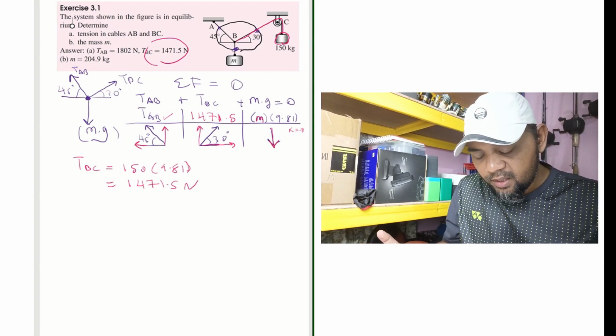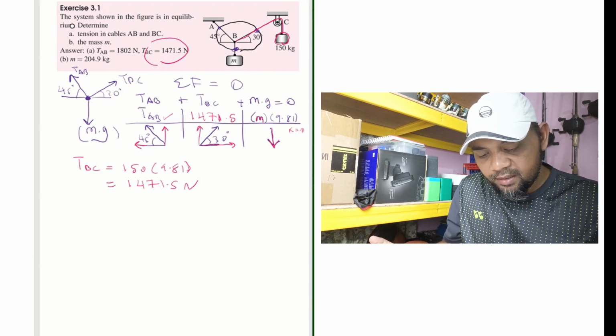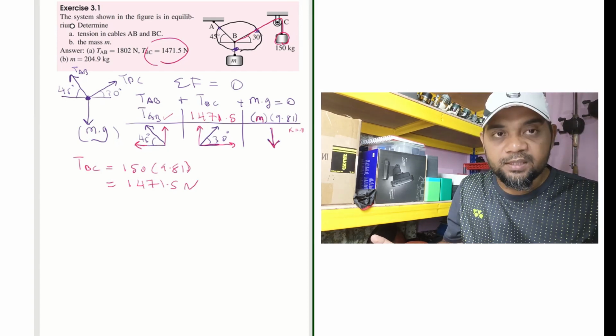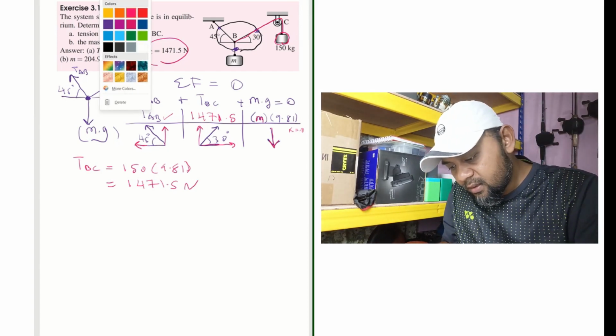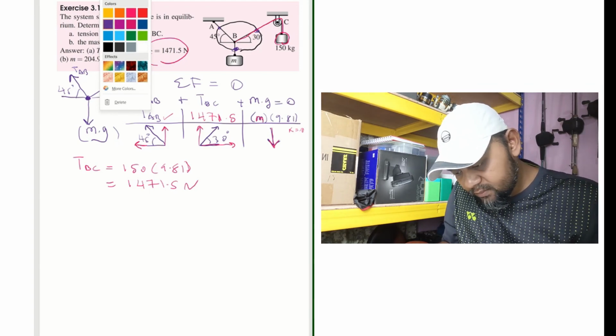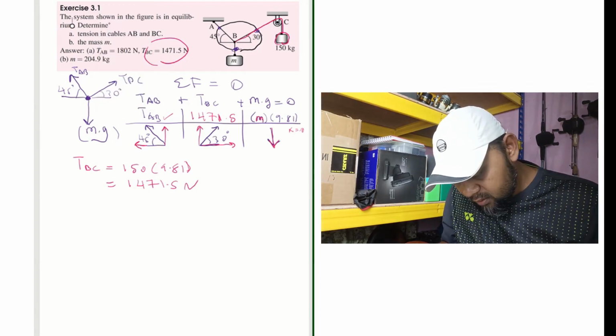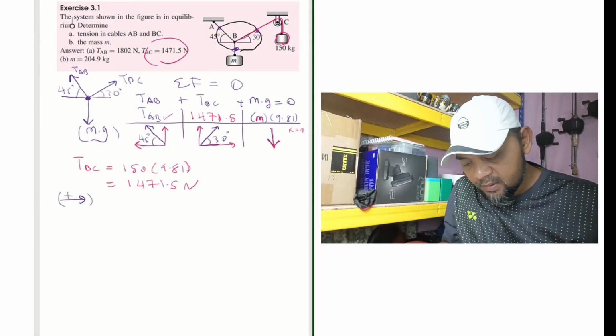We can choose either to solve in x direction first or y direction first. Looking from this equation, it is easier for you to solve in x, because the component of mg in x is already 0. So you solve in x first. Let's go. You have to choose one direction as your positive direction.